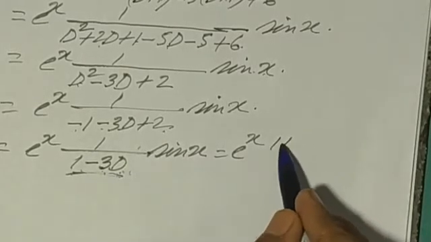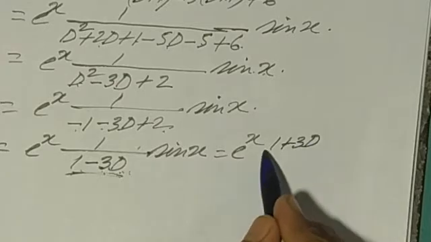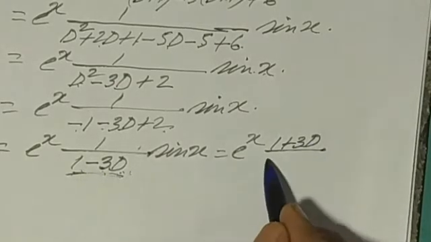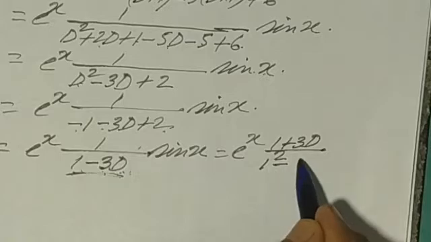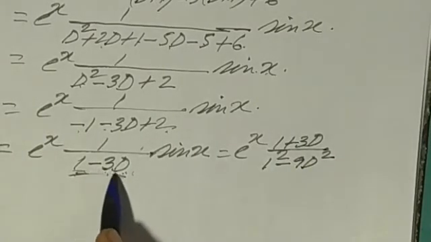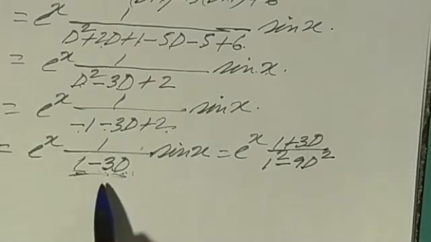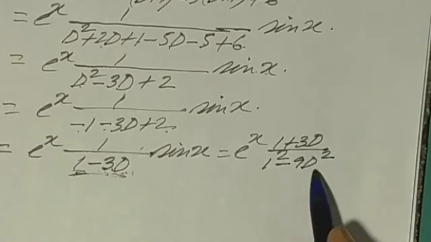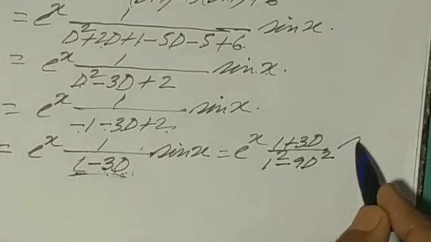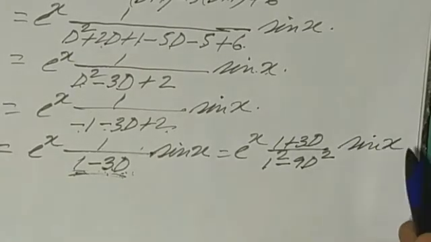In the numerator we get 1 plus 3D, and in the denominator we get 1 square minus 9D square, because if we multiply this by 1 plus 3D, we get the situation of (a plus b)(a minus b). Using that we may write (1 plus 3D)(1 minus 3D) as 1 square minus (3D) square. So we get 1 minus 9D square, sin x as it is.